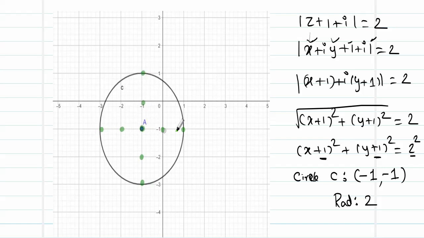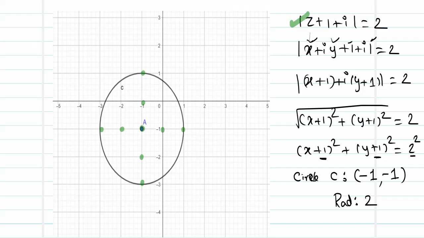After plotting your boundary points, which is 2 units in each direction, connect all of this boundary by means of a circle. So now our boundary, which is modulus of z plus 1 plus i equal to 2, is got.